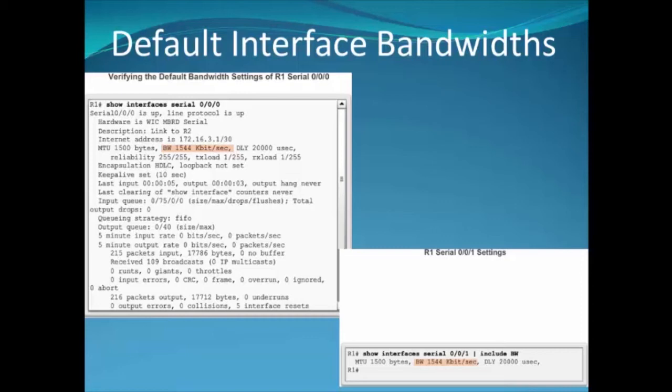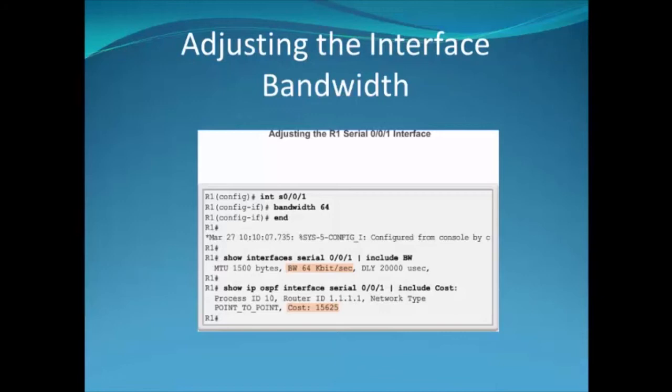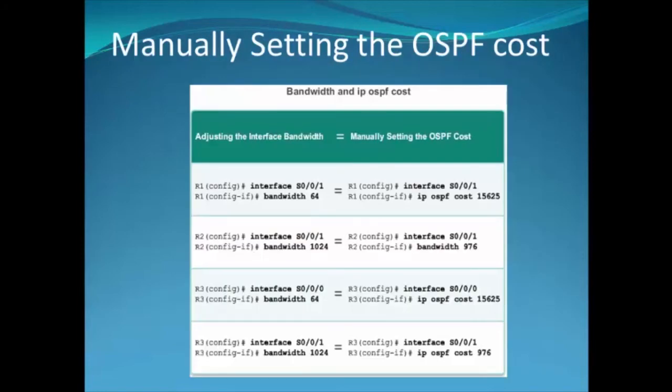Although the bandwidth values of the Ethernet interfaces usually match the link speed, some other interfaces may not. Adjusting the interface bandwidth: to adjust the interface bandwidth, use the bandwidth kilobits interface configuration command. Use the no bandwidth command to restore the default value.